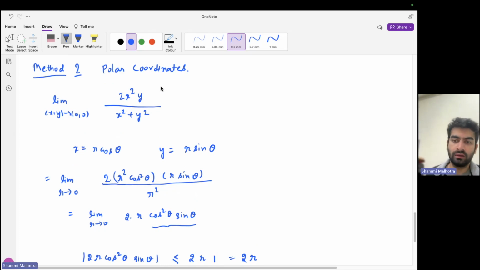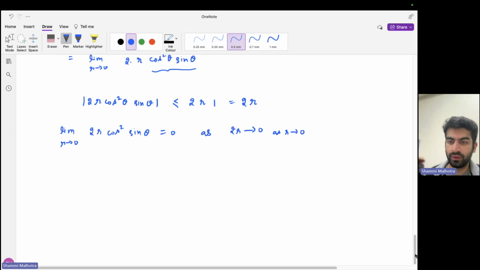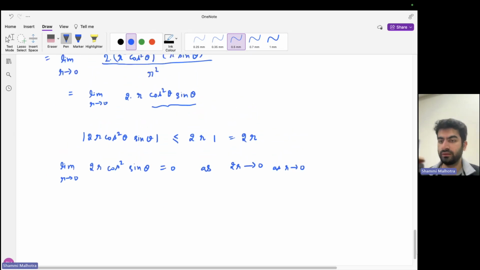There's a very high chance that you can directly compute the limit using polar coordinates. With this we have completed this question, and I've told you two methods to solve it. So finally we can say that the limit at (0,0) exists, and we have shown it with two methods.